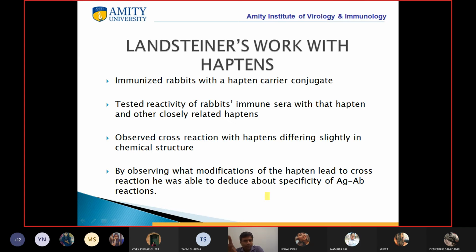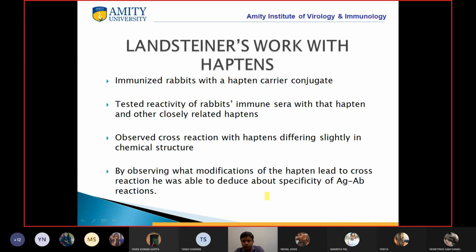Landsteiner worked with these haptens, and I will also show you the picture of this. What he did was immunize rabbits with a hapten-carrier conjugate, and he tested the reactivity of the rabbits' immune sera with that hapten and other closely related haptens.